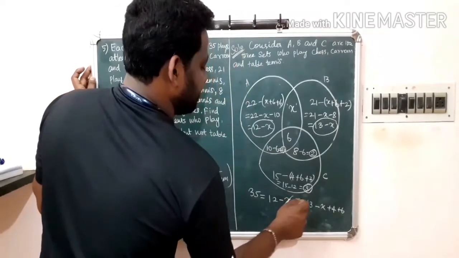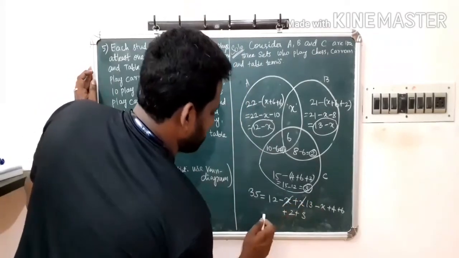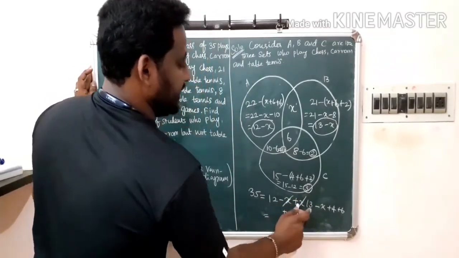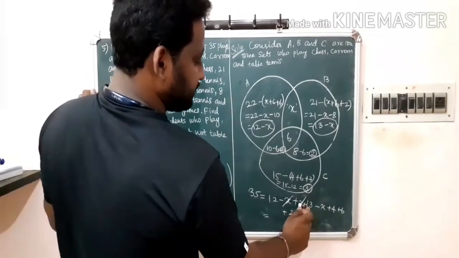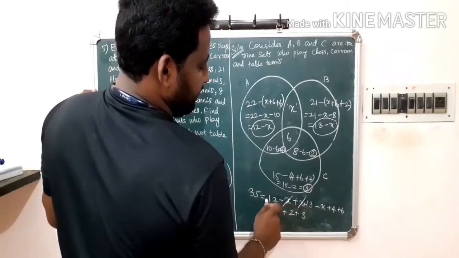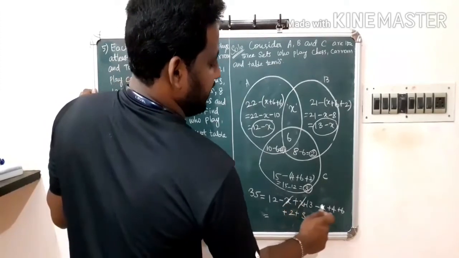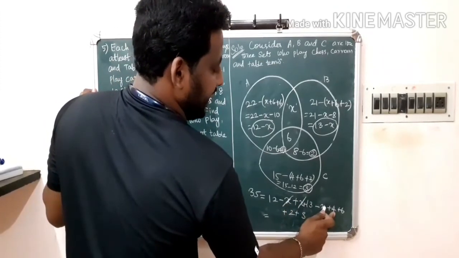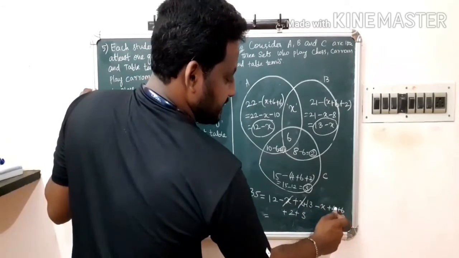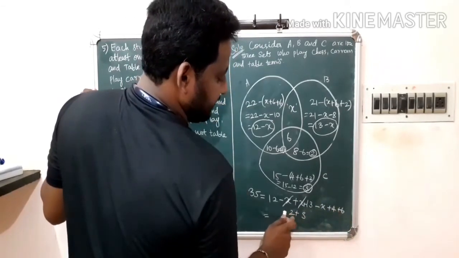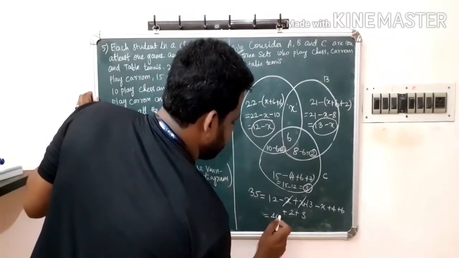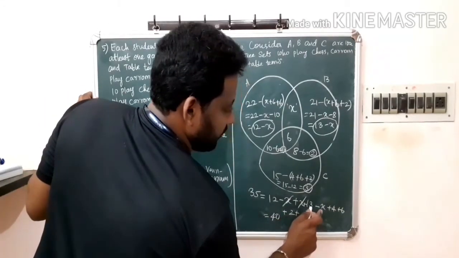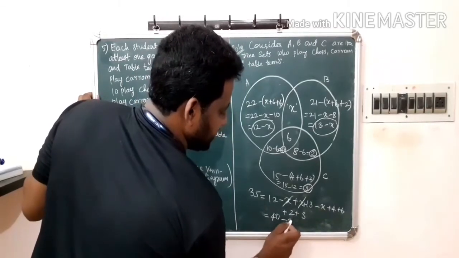So plus x minus x will be cancelled, and 12 plus 13 is 25. 25 plus 4 is 29. 29 plus 6 is 35, 37 and 40. So 40 and minus x is there, 40 minus x.